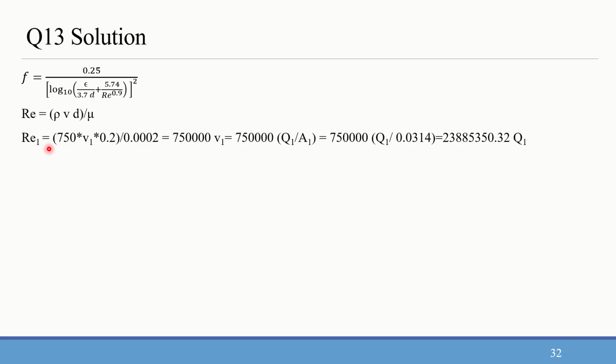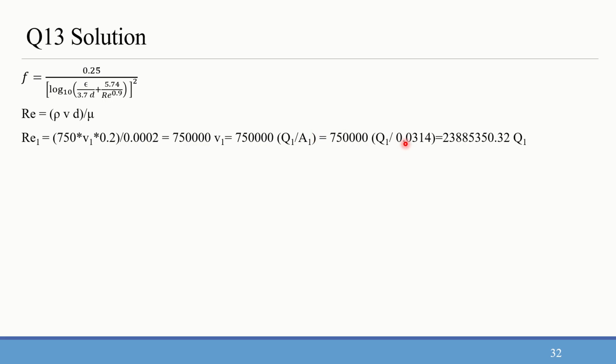So for pipe 1, it is 750 kg per meter cube into V1 into 0.2 divided by mu, that is 0.0002. So this gives us 750 into 0.2 divided by 0.0002, that gives us 750,000 times V1. V1 we can again write as Q1 by A1. So 750,000 into Q1 by A1.